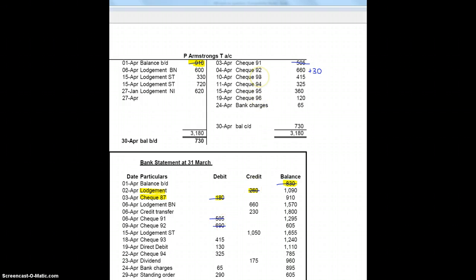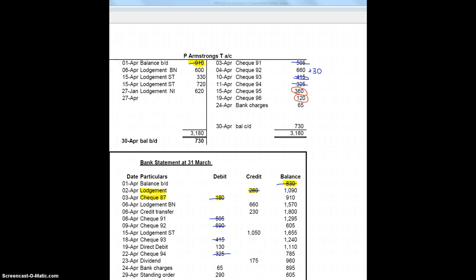Check 93 is 415, and it's 415 here. Check 94 is 325, and here is 325. And there's no check 95 or 96, so I am just going to circle these to show that these weren't recorded.